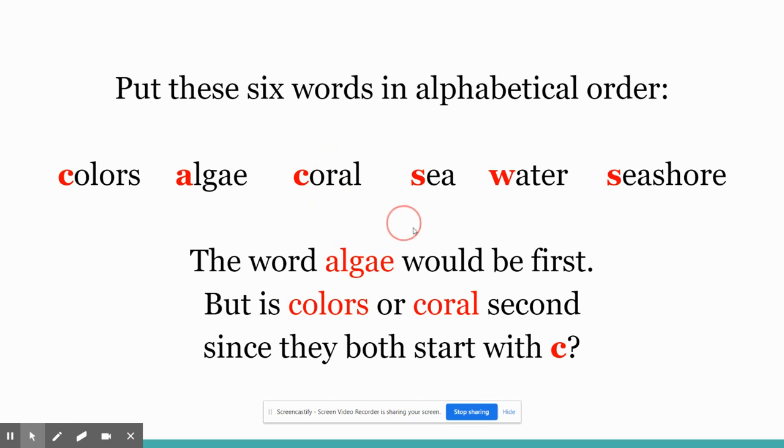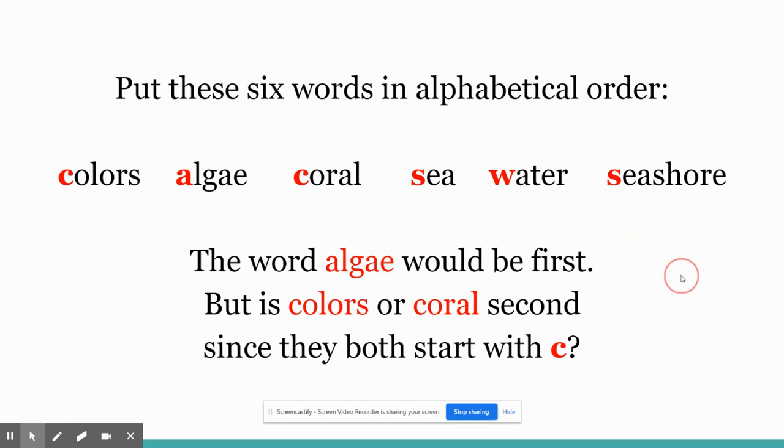Our fourth word would be sea, S-E-A, comes before seashore, S-E-A, and then more letters. And that leaves water as our last word because W, right, is pretty far down in the alphabet. It comes after A, C, and S. So water would be last.